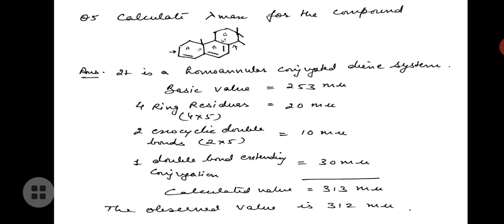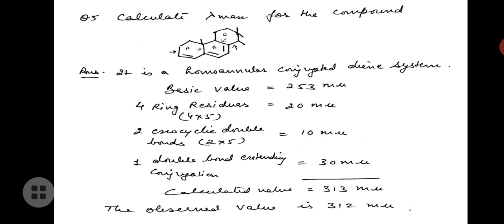Now 4 ring residues are there, which are shown with arrows. Just see the 4 arrows and you can clearly make out the 4 ring residues. So 4 into 5, that is equal to 20 millimicron.